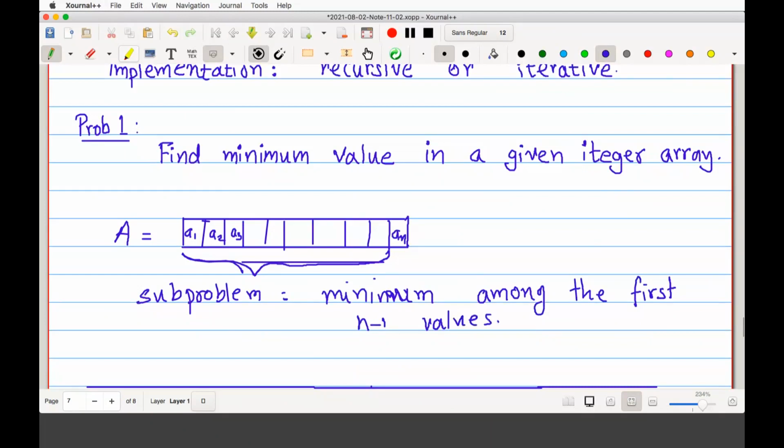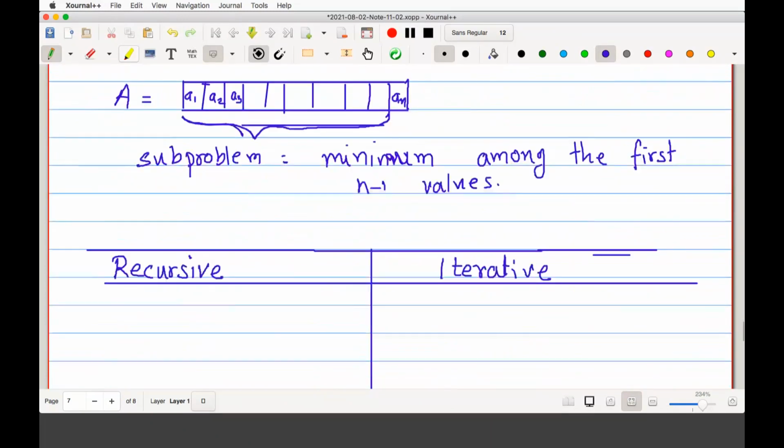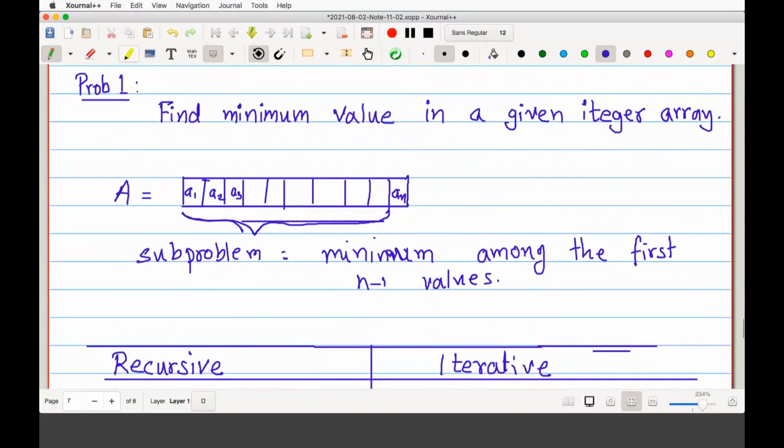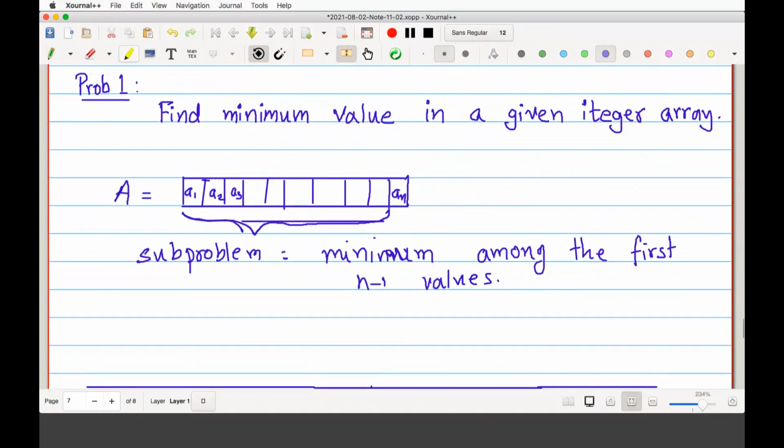Okay. So suppose someone already gives us this minimum, let me call it m subscript n minus 1. So this is the minimum value among first n minus 1 values.